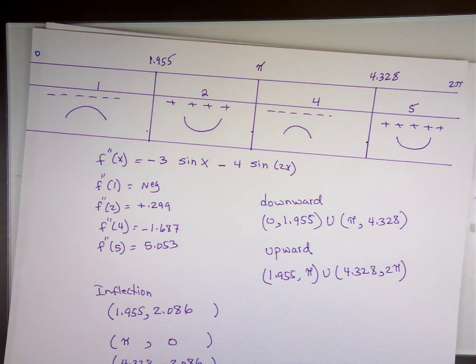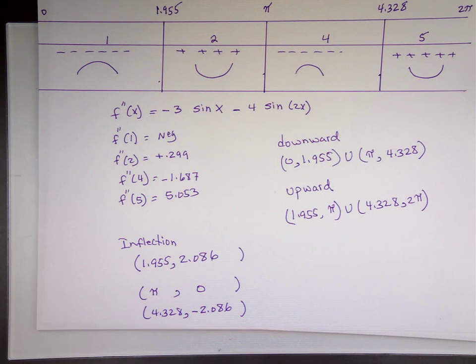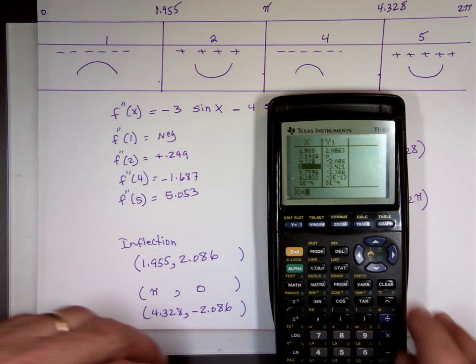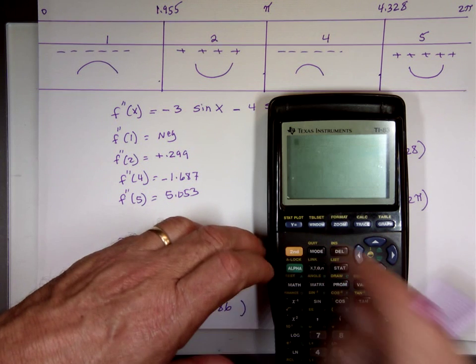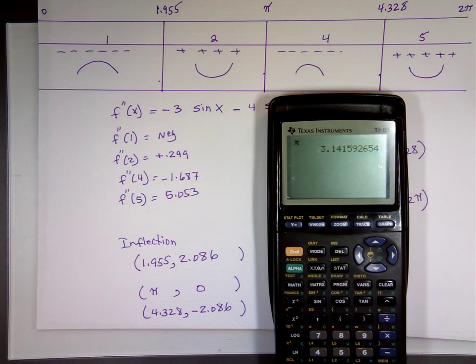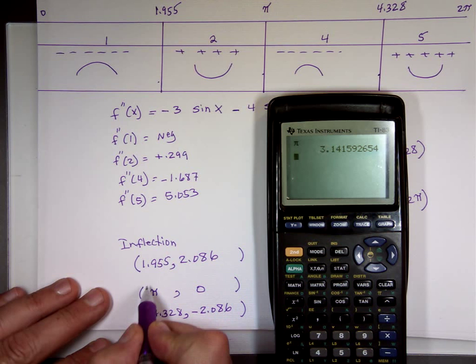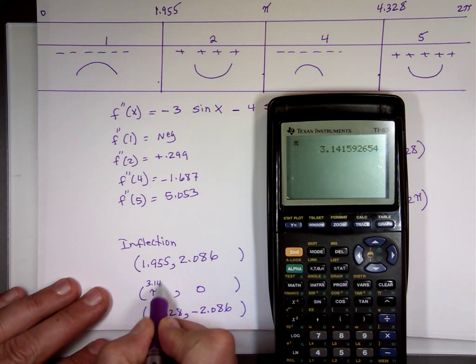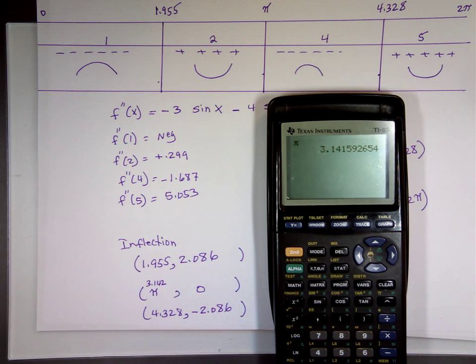Again, you probably have to write pi as 3.14, whatever that number is. What is pi? 3.142. So in place of pi, you might have to write 3.142, because there are only 3 decimal places.